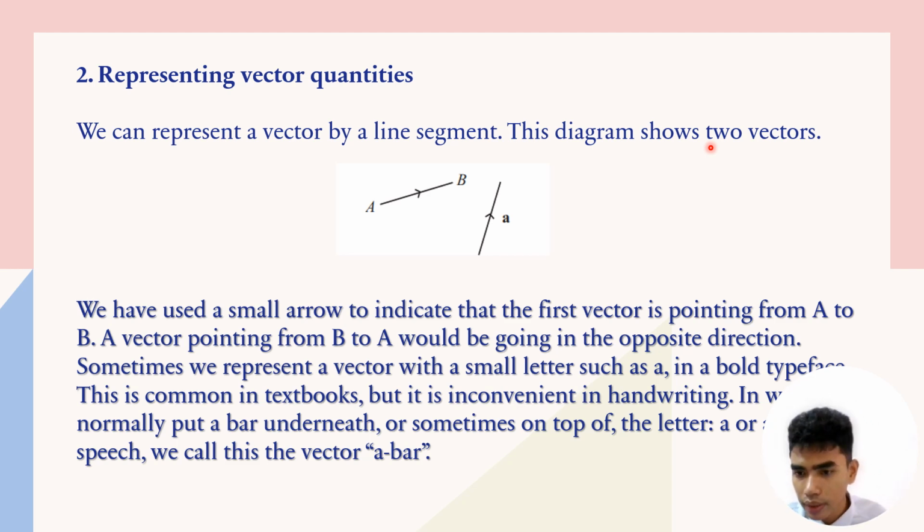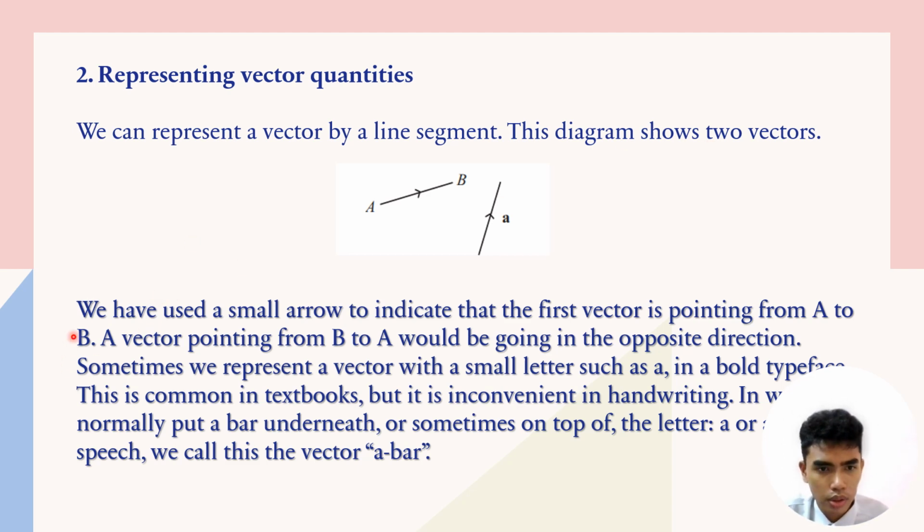It's called a vector because the line shows an object moving in a certain direction, east, west, north, or south, for example, and it shows at what speed the object is moving in that direction.